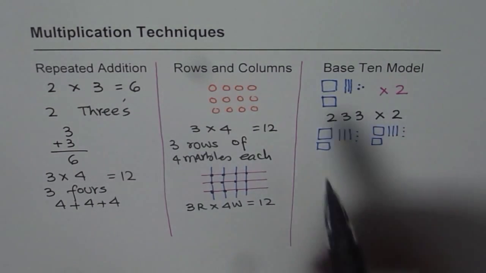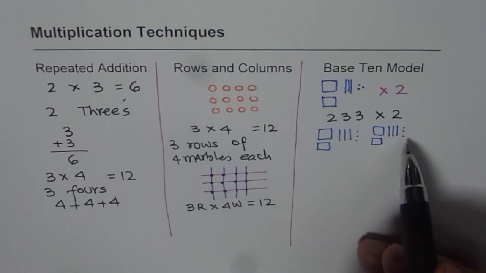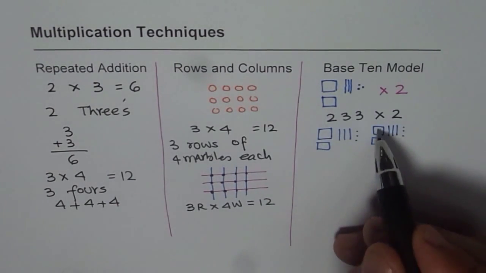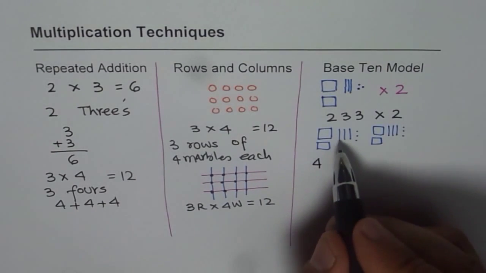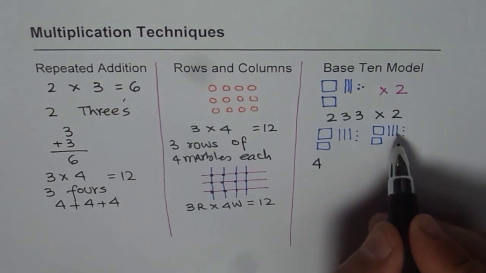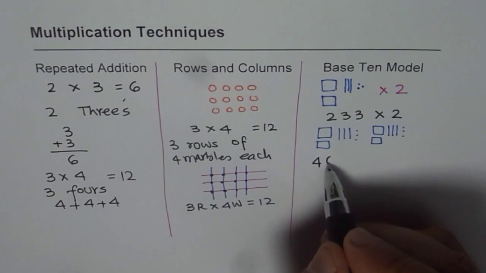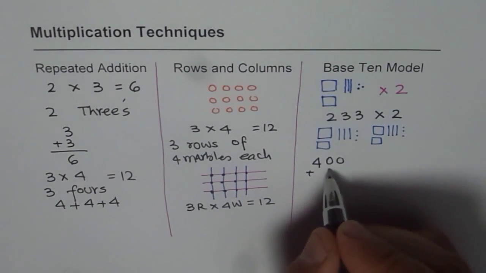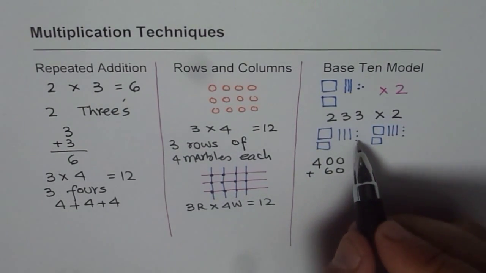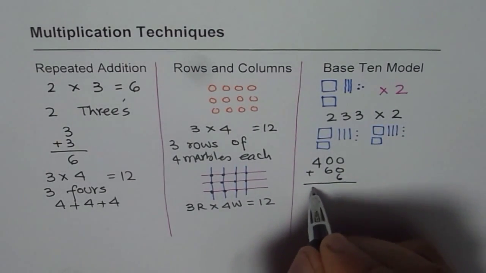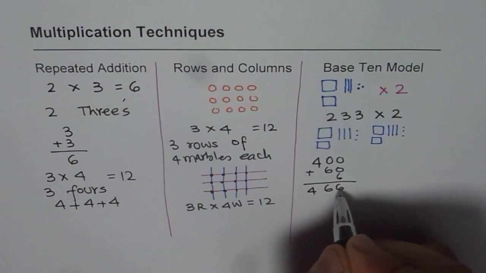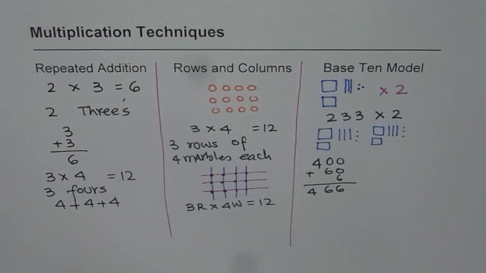Now we can count them all, right? 1, 2, 3, 4 hundreds. So we get 4 hundreds, then 10, 20, 30, 40, 50, 60. Let me write 400 and then we get 60. And how many ones? 1, 2, 3, 4, 5, 6. So the answer is 466. So using base 10 blocks also we can multiply.